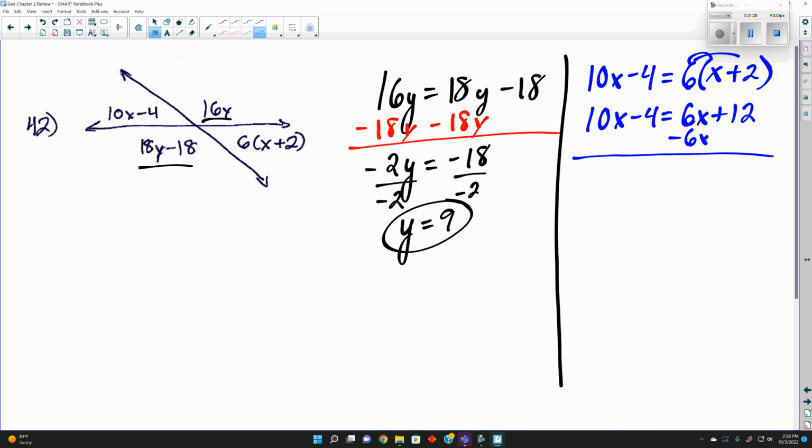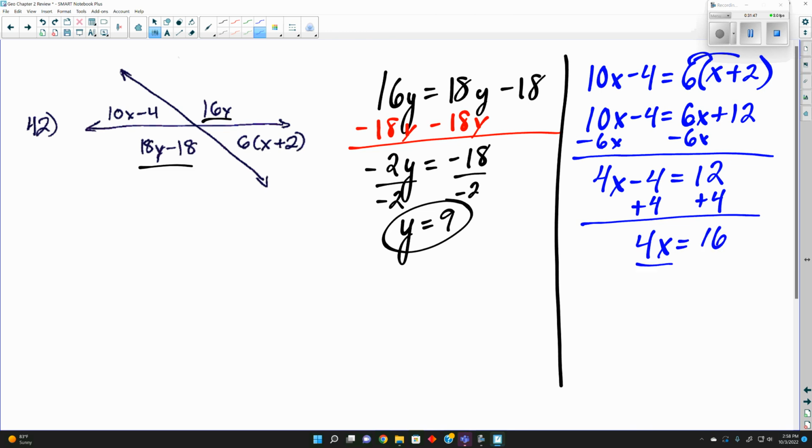Again, we want to get all the variables on the same side, so we can subtract 6x from both sides. 10x minus 6x is going to be 4x. The next thing we can do is add 4, telling us 4x is equal to 16. Divide both sides by 4. It tells us x is equal to 4.